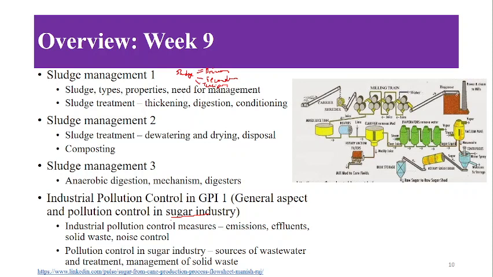Cogeneration is basically using this bagasse to generate the steam which can be used in the boilers to generate the electricity. So the management of solid waste, the treatment of the wastewater, as well as the treatment of the flue gases which are emitted into the air, and the noise pollution were dealt with in this lecture.